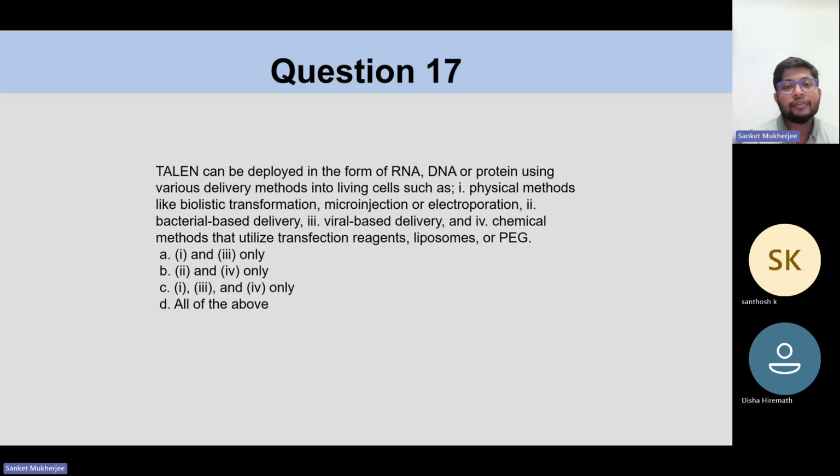TALENs can be deployed in the form of RNA, DNA, or protein using various delivery methods into living cells, such as physical methods, then we have bacterial-based delivery, viral-based delivery, chemical methods. Which of the following is correct? Is it only 1 and 3, 2 and 4, 1, 3 and 4, or all of the above?